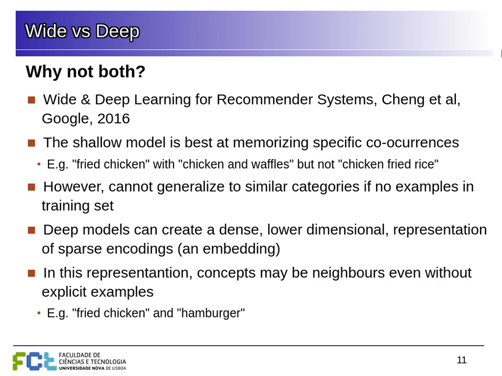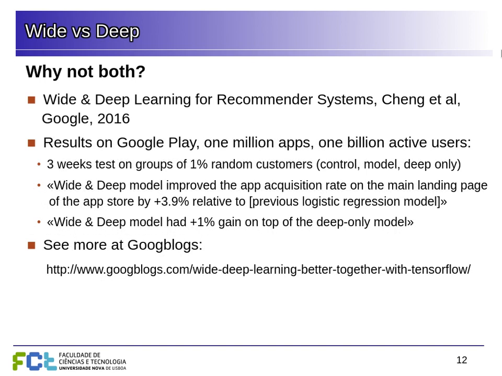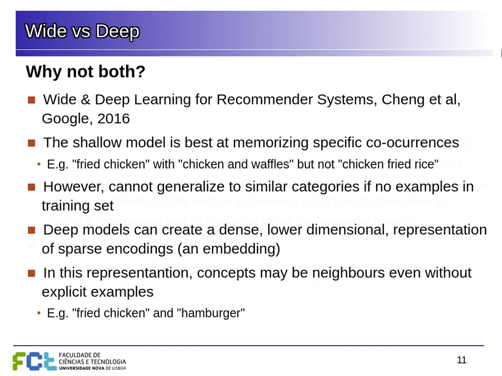And you can find this online. You have a link here for an explanation of how the system works, but also you can look at the paper. But the idea is that the shallow model can pinpoint associations between categories. They don't use the real examples because there's a lot of money involved in recommending on Google Play, so they use some hypothetical food store, but it would be something like understanding that people who want fried chicken may also choose chicken and waffles, but don't want fried rice with chicken along with fried chicken, even though they have the same kind of string.